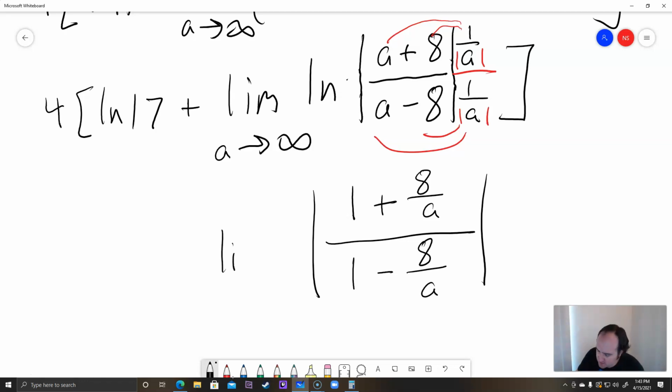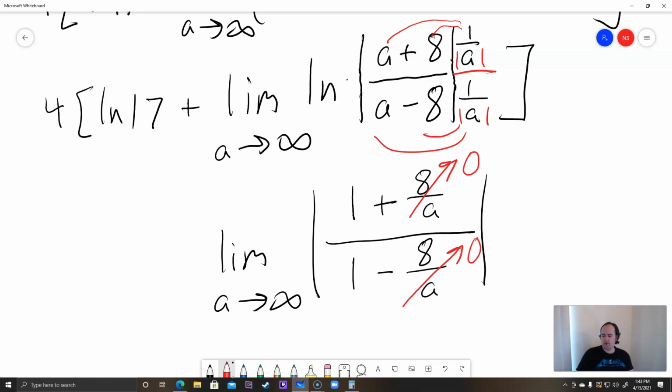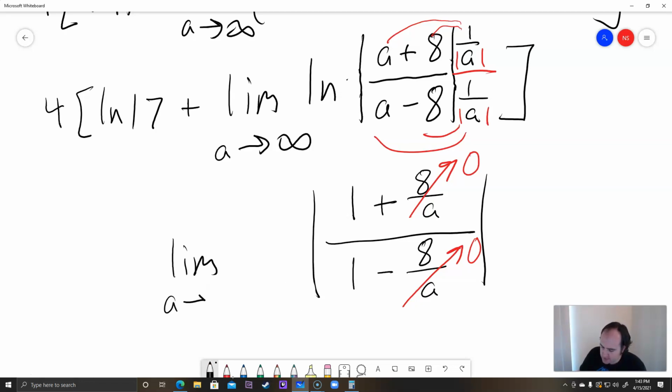If I take the limit as a goes to infinity of this, the 8 over a on the top is going to go to 0, and the negative 8 over a is also going to go to 0 on the bottom. Oops, I forgot to write ln. I got so excited that I forgot to write ln. So we have limit as a goes to infinity of ln of absolute value of 1 plus 0 over 1 minus 0.